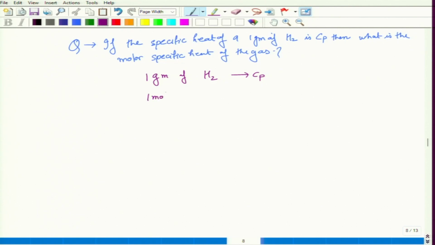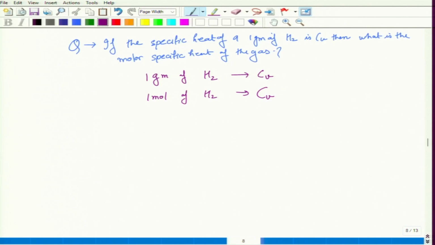So 1 mole of hydrogen has a specific heat, capital Cp. Let's say I can take this as Cv, since we are constraining the volume. It doesn't matter, but still, that is Cv. So this is small, this is capital. So 1 mole of hydrogen is having this.